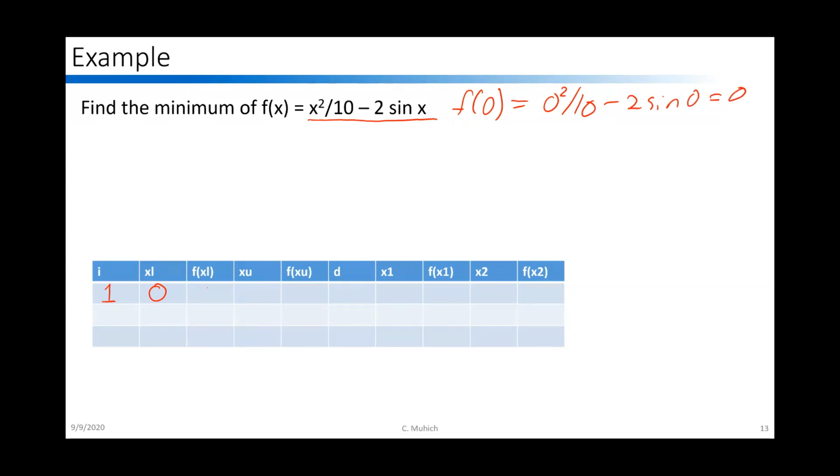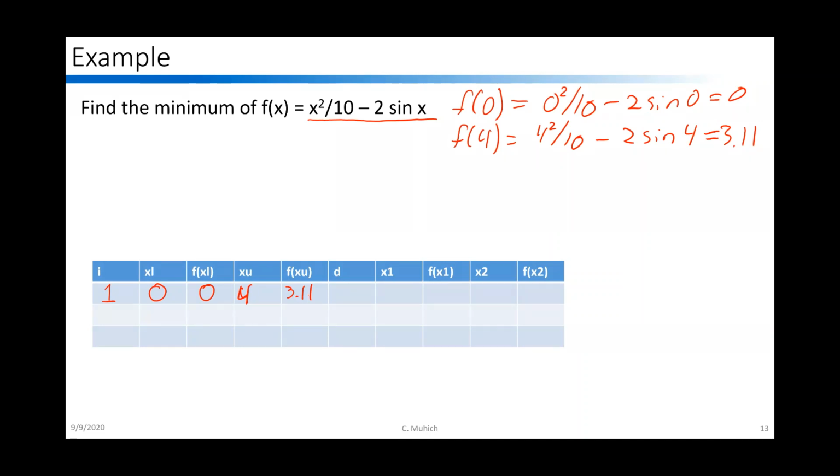This is going to be 0. I then guess an upper value. Let's just say I'm going to guess 4. I can then evaluate f of 4, which is going to be 4 squared over 10 minus 2 times sine of 4. This is going to come out to be, when you plug it all in, roughly 3.11. So I'm going to put that into my table.